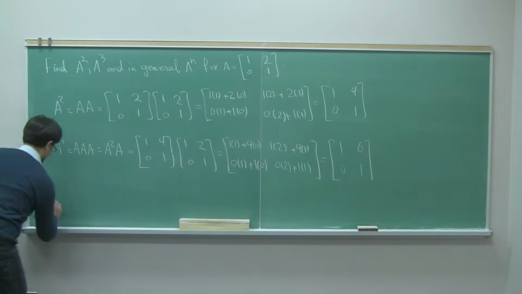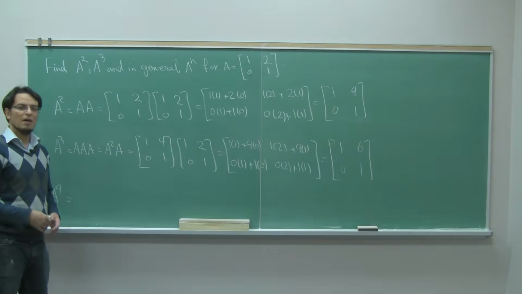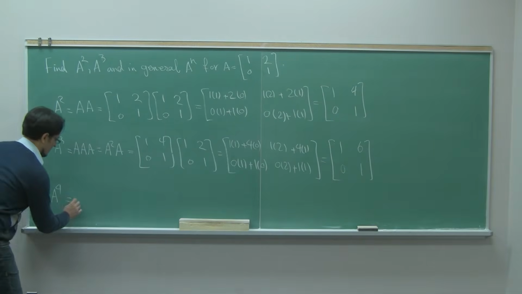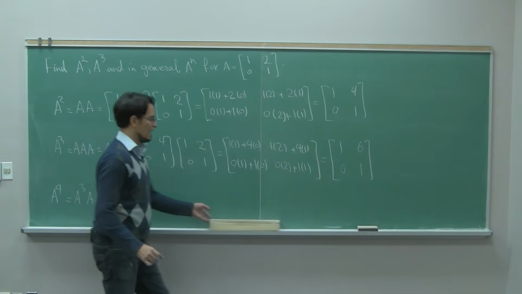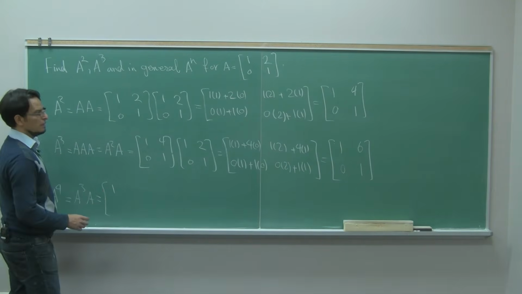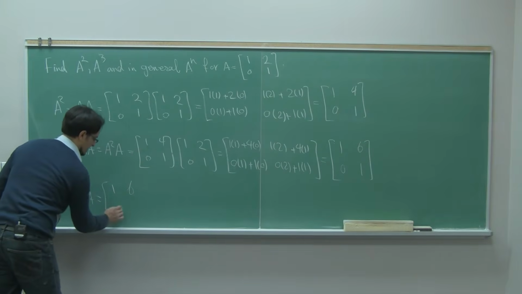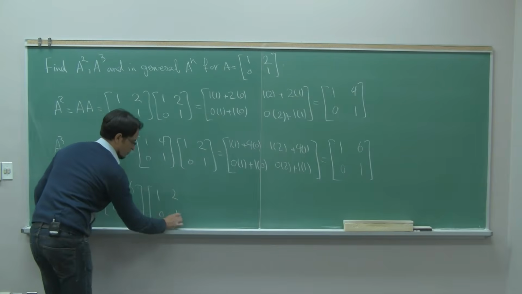For A⁴, you multiply A four times by itself, but I already have A³, so I can multiply A³ by A and find A⁴. So I have [1, 6; 0, 1] multiplied by [1, 2; 0, 1].